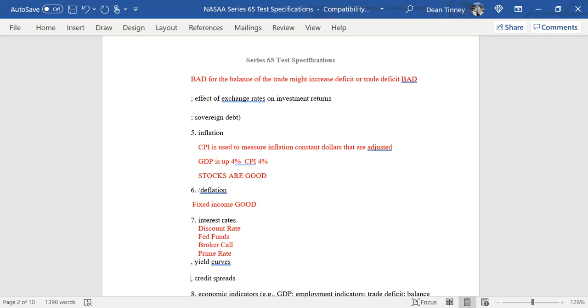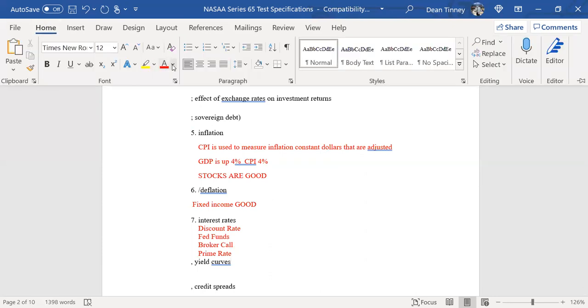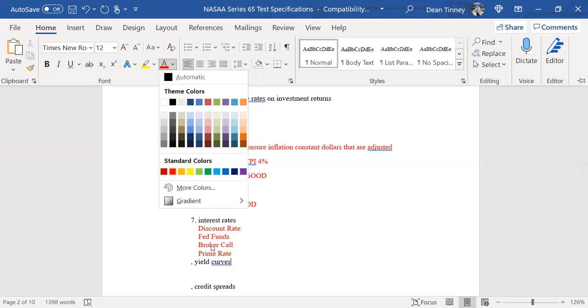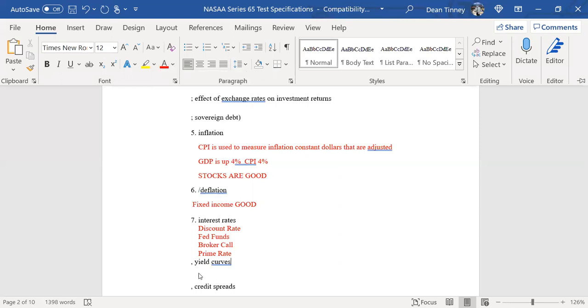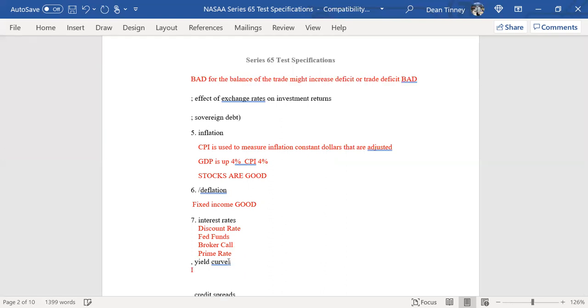Let's talk about yield curves. They're going to test you on an inverted yield curve. So an inverted yield curve is not good. An inverted yield curve is when short-term rates are higher than long-term rates.